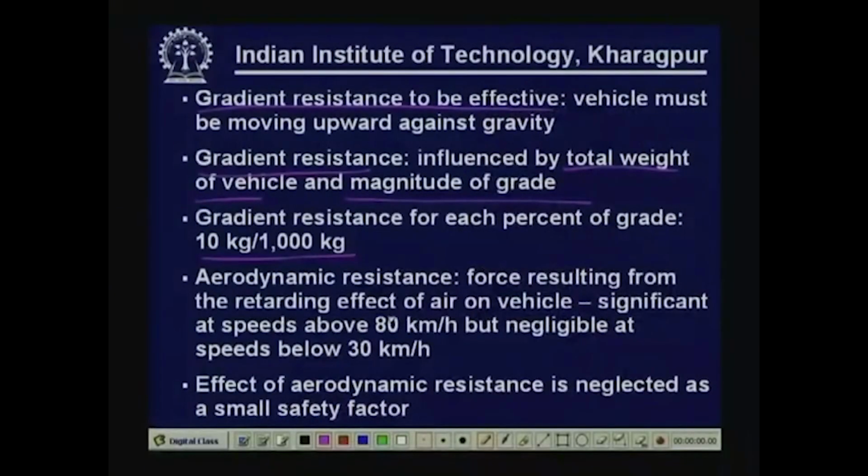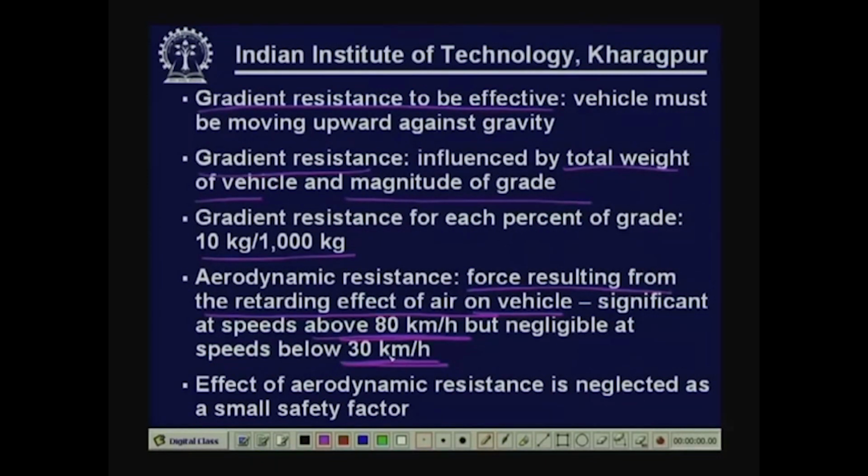Now, what remains is aerodynamic resistance. Aerodynamic resistance is basically the force resulting from the retarding effect of air on the vehicle. It is found from experience and experiments that this resistance is significant if the vehicle speed is above 80 km per hour, but it is negligible if the speed is below 30 km per hour.